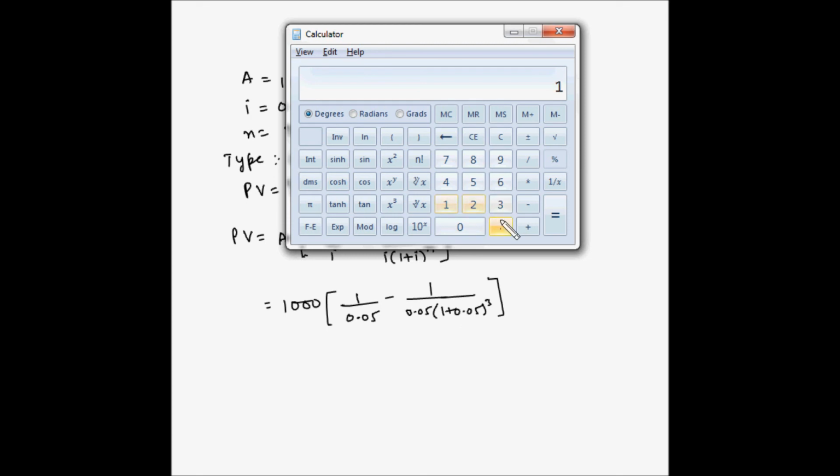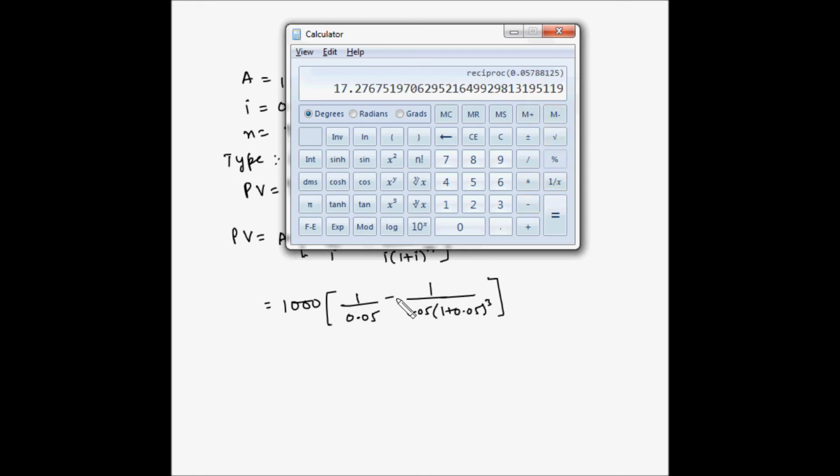So 1.05 to the power 3, so cube, multiplied by 0.05. Now this is in the denominator, so we'll do the reciprocal, that is 1 by this value.